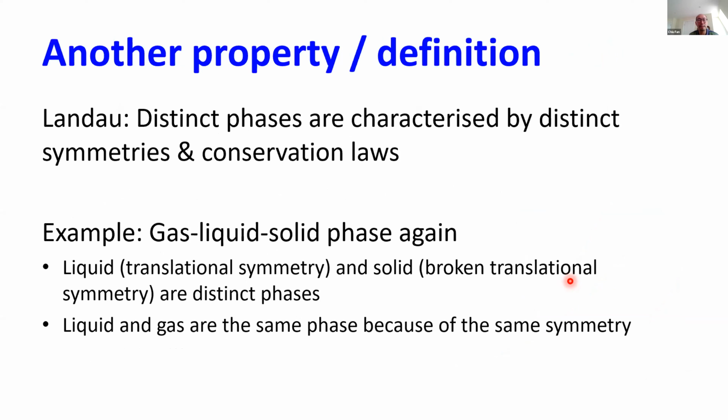In liquid, we have translational symmetry. In solid, we don't have translational symmetry because the translational symmetry is broken to produce a crystalline structure. However, liquid and gas remain the same phase because they have the same symmetry. So this is consistent with the previous definition, where phases are just parameter domains that are separated by phase transitions.